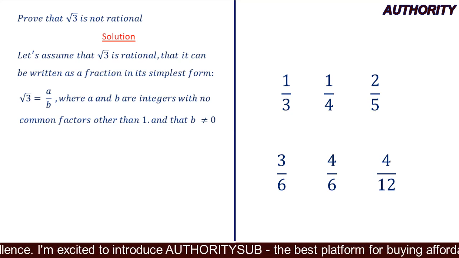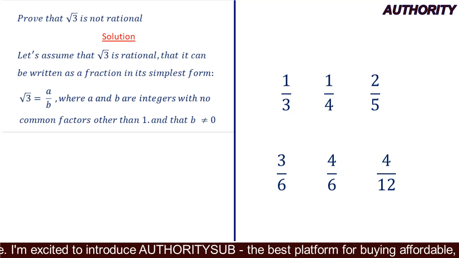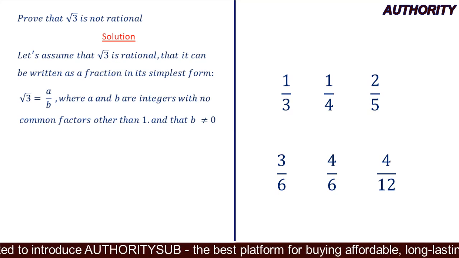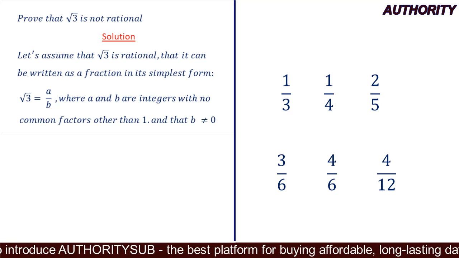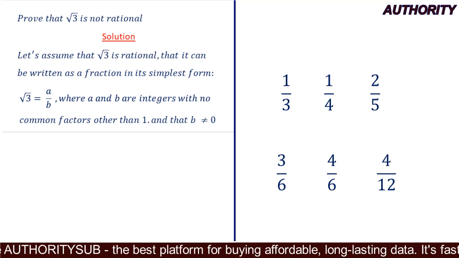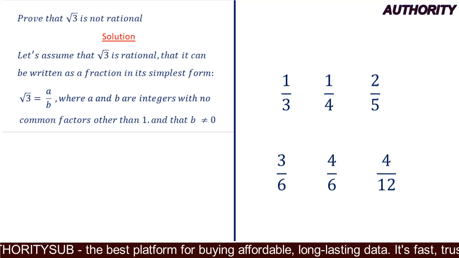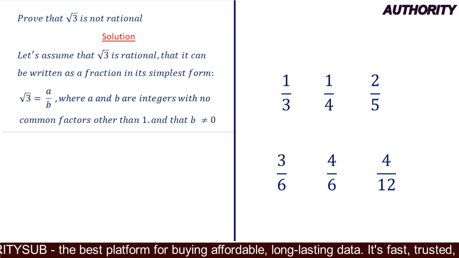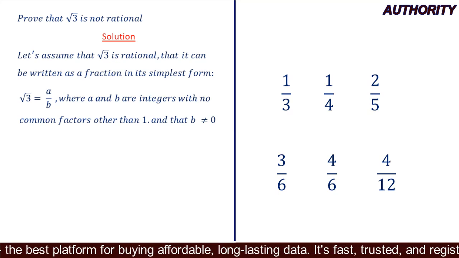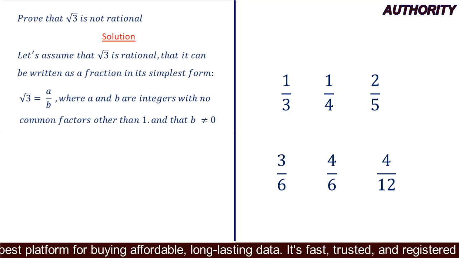Now you can see here that 3 over 6 can be divided by what? By 3, so it has 3 as a common factor. Again, 4 over 6 also has what? A common factor 2. Then 4 over 12 also has a common factor, what? 4.